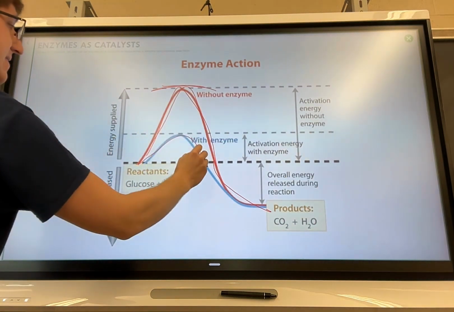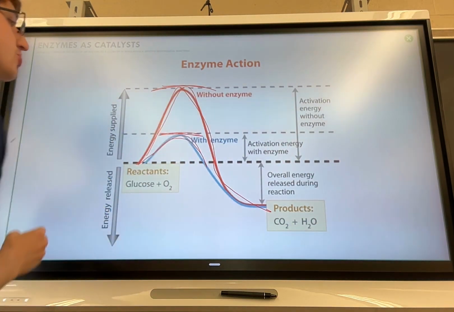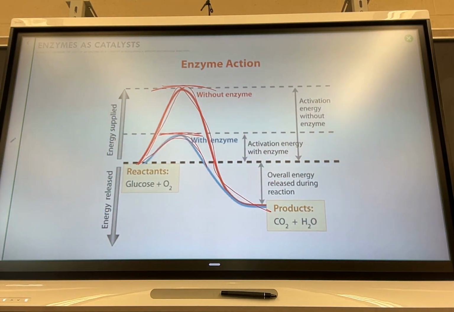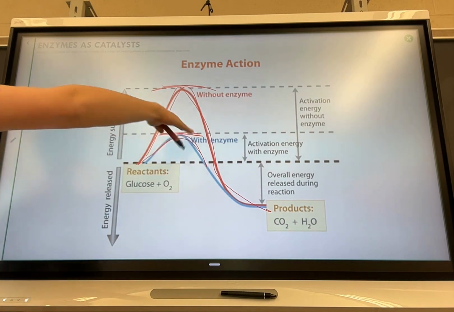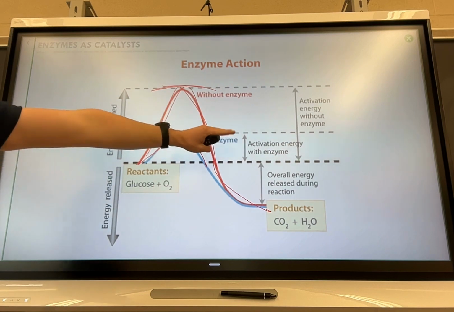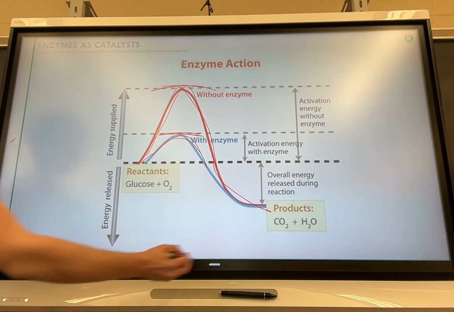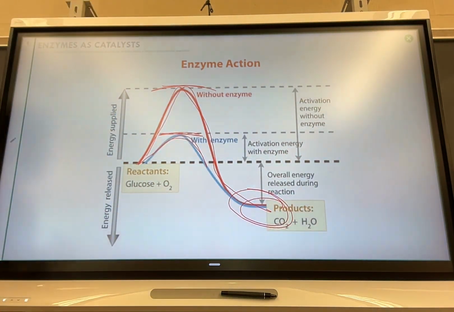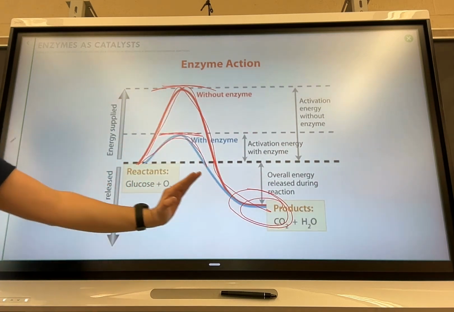If we add an enzyme, that amount of energy needed is reduced significantly. So the hill that we have to cross to get this reaction started is much lower with the enzyme. The end product is still the same, regardless of whether you're using an enzyme or not. The enzyme or the catalyst is just here to make it easier to do the reaction.